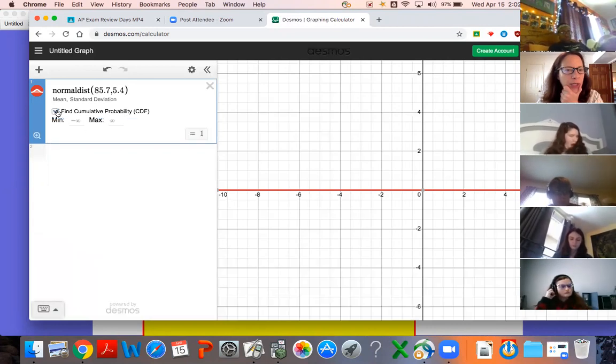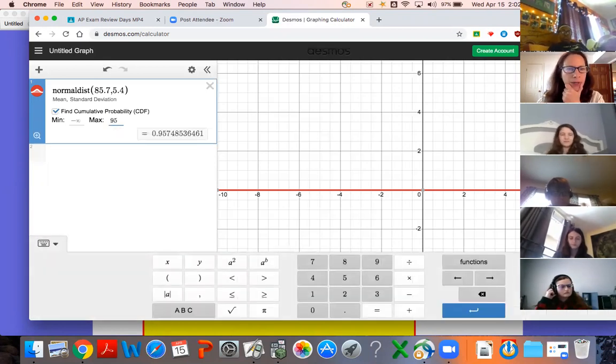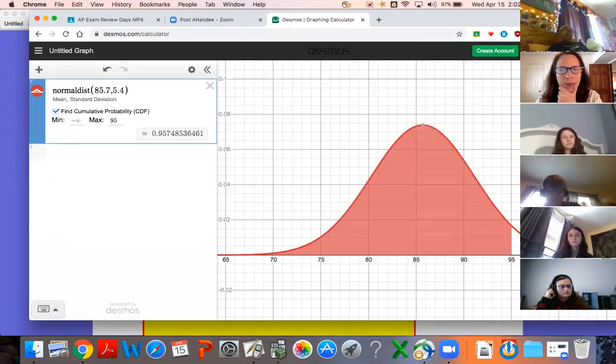So if I check it, it'll let me go from negative infinity up to 95. And now you can't see this picture, but watch what happens when I click zoom fit. Suddenly, we can see everything. So Cedric's percentile with a score of 95 is 0.957 or the 96th percentile.